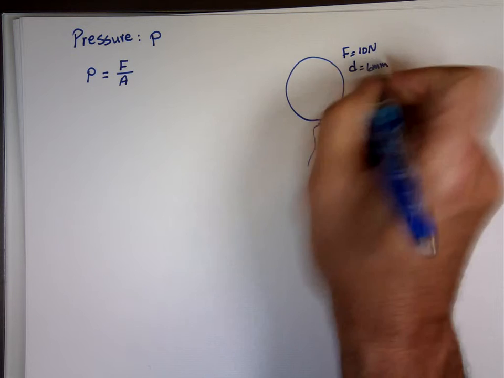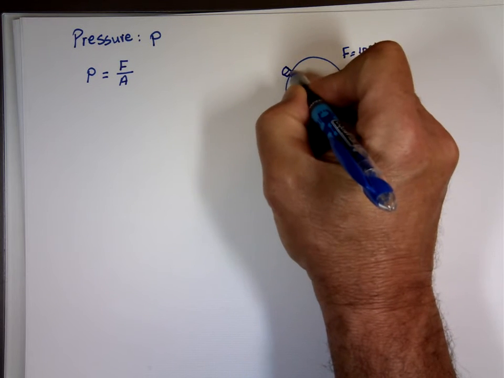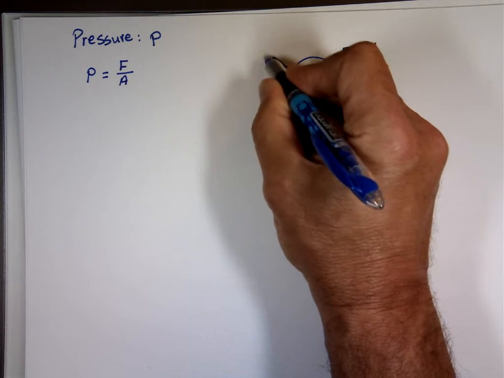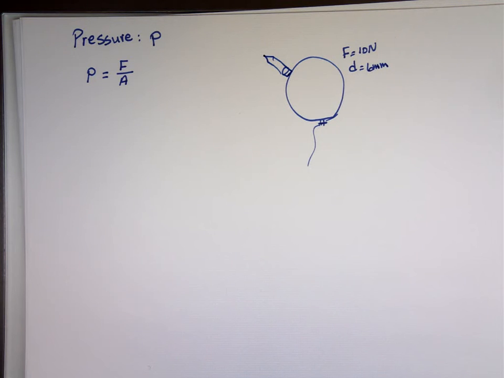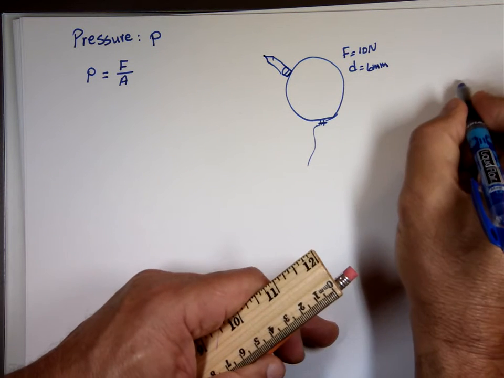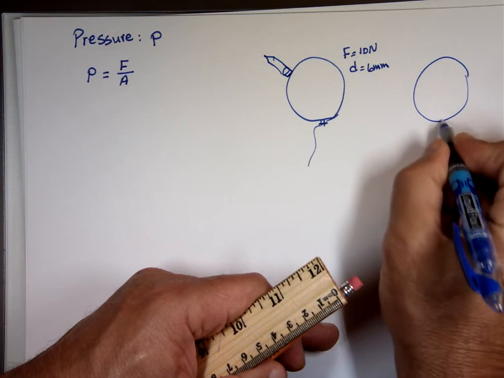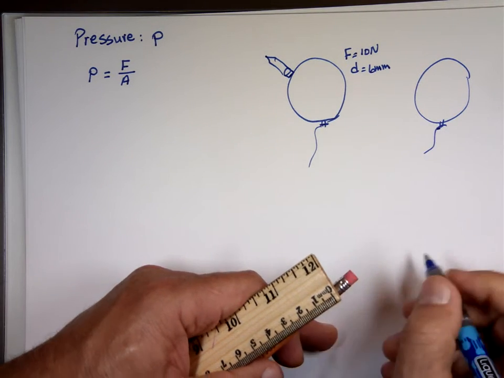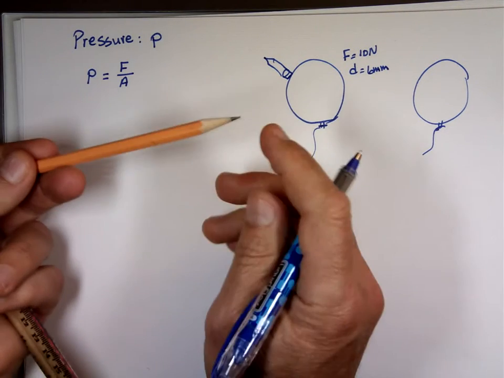So this is the pencil. The other end of it, the tip, looks like that. Now the same balloon here, if I flip the pencil, I use the sharp edge now to pop it.